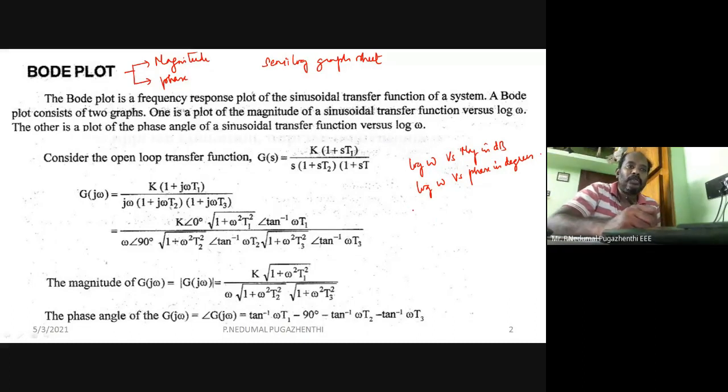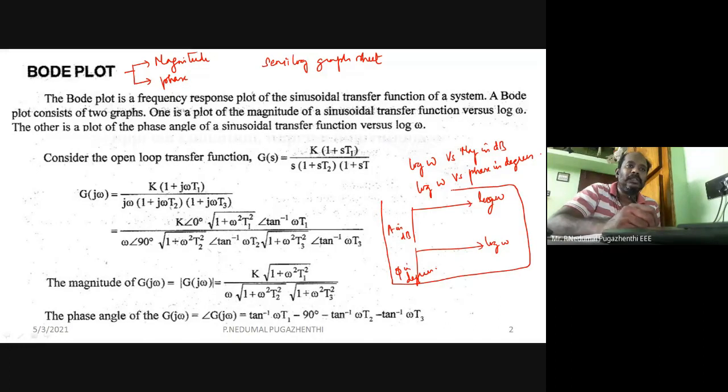The magnitude plot will be between log omega and magnitude in decibels, and the second one is between the same log omega and your phase in degrees. That is all in a single graph sheet, and the graph sheet is a semi-log graph sheet.